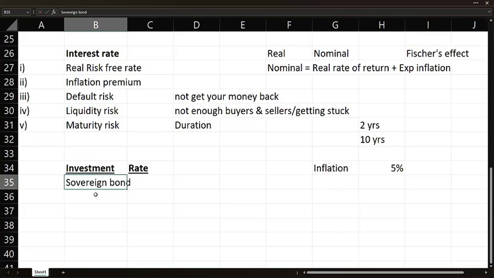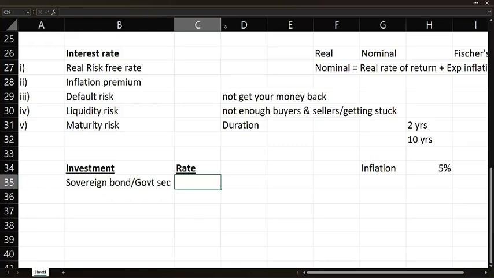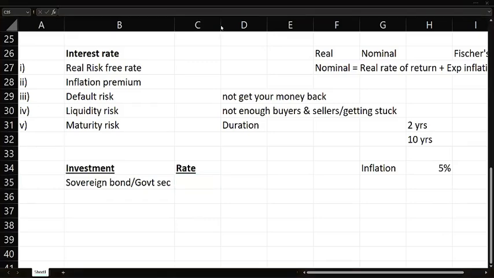That means it's a government security. What will be your expectation from this particular investment?